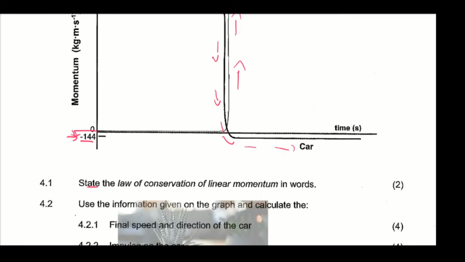So the answer to this question is: the law states that the total linear momentum of an isolated system is conserved. So that is the law of conservation of linear momentum.